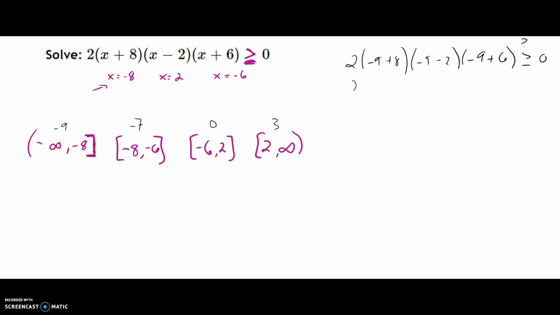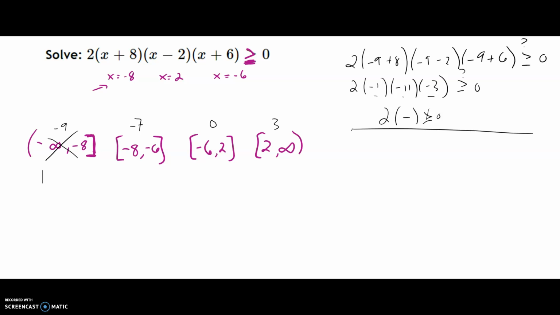So let's see, this is 2 times -1 times -11 times -3. Is that greater than or equal to 0? So I got a negative times a negative times a negative, which is a negative. So I have 2 times a negative number. It doesn't really matter what that is, right? I just care that it's negative. So that is not greater than or equal to 0. So that guy is out. That is not part of the solution.